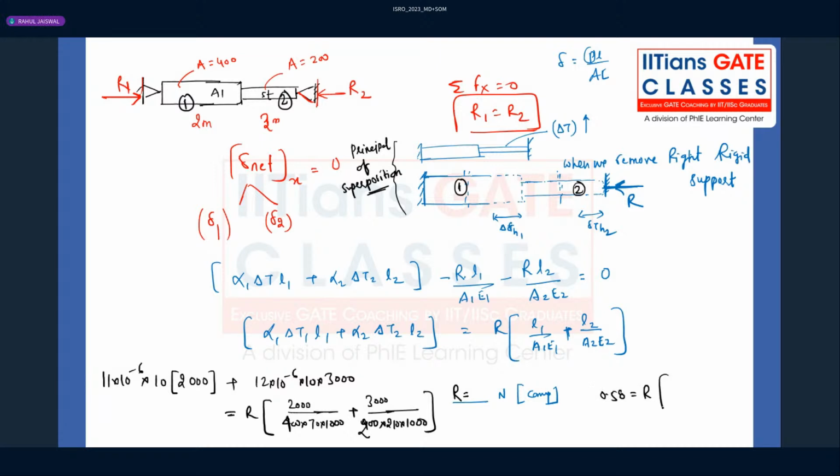That is equal to R times 2000 divided by 400 divided by 70 divided by 1000, plus 3000 divided by 200 divided by 210 divided by 1000.